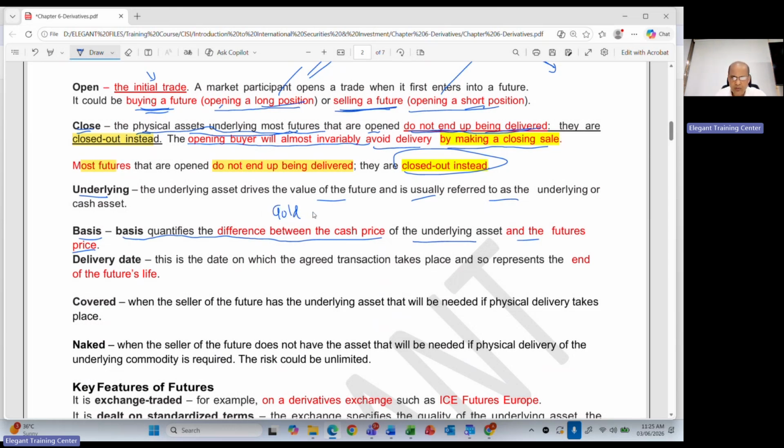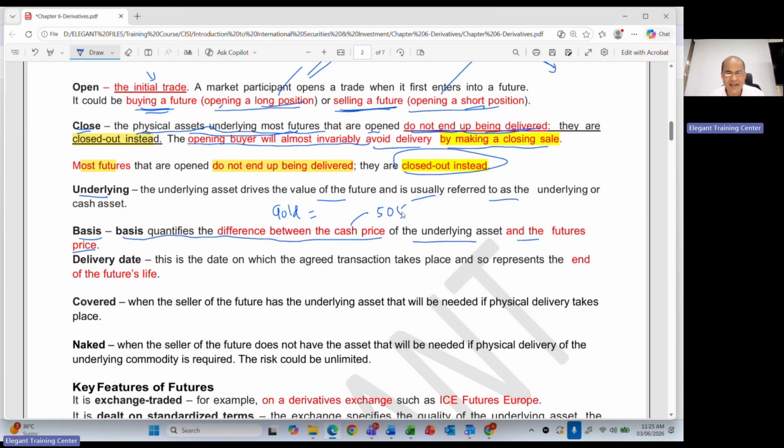Basis quantifies the difference between the cash price of the underlying asset and the future price. Let's say gold cash price is 505. So you want to buy, you will pay cash, right? That's called a cash transaction. You are buying and paying cash, 505. That's called the cash market. But if you don't want to pay cash now, but you want to book it, that's called a future price.